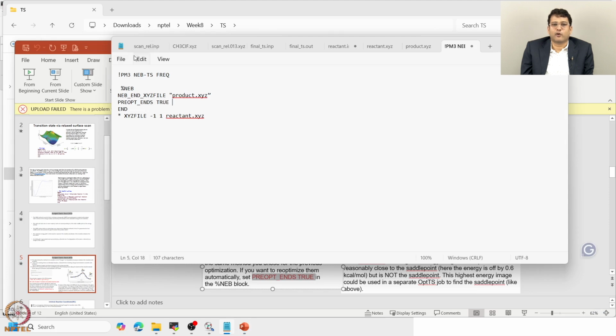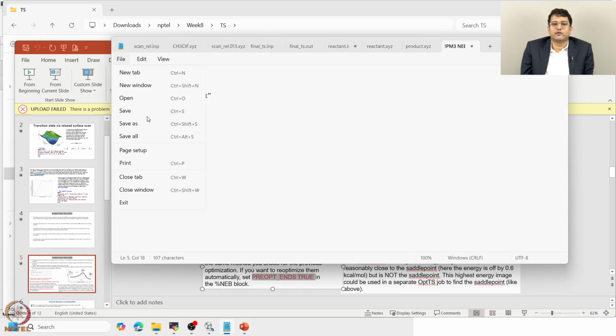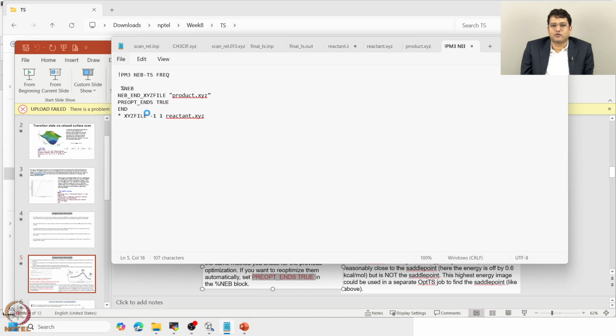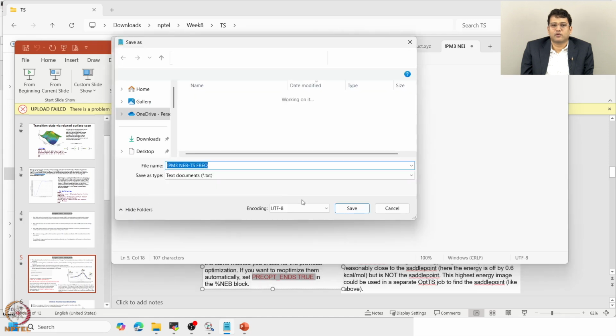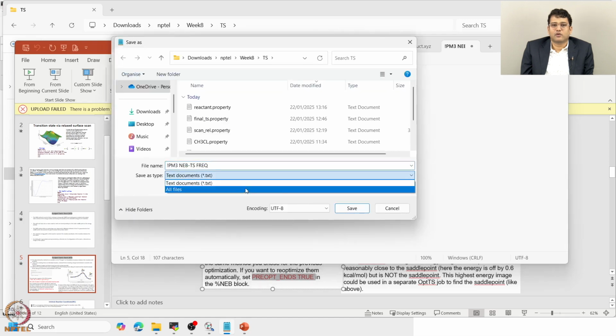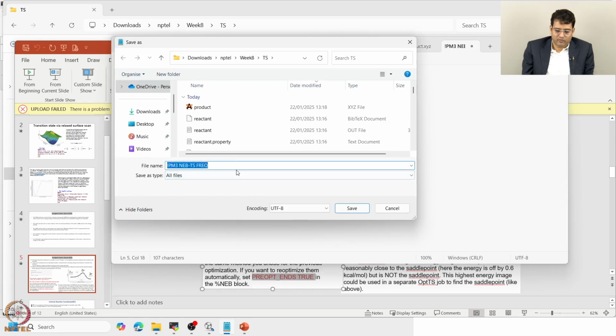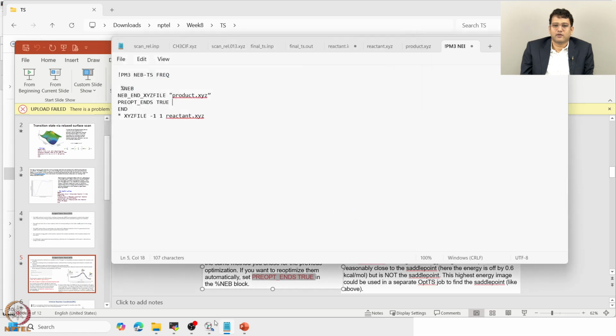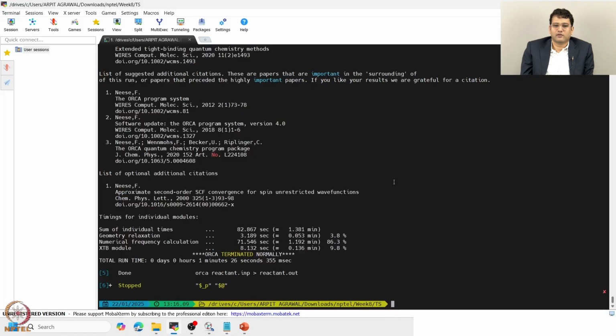So first it will do an optimization and then it will start the NEB calculation. Let me make the name of the input file neb.inp. And I am good to go.